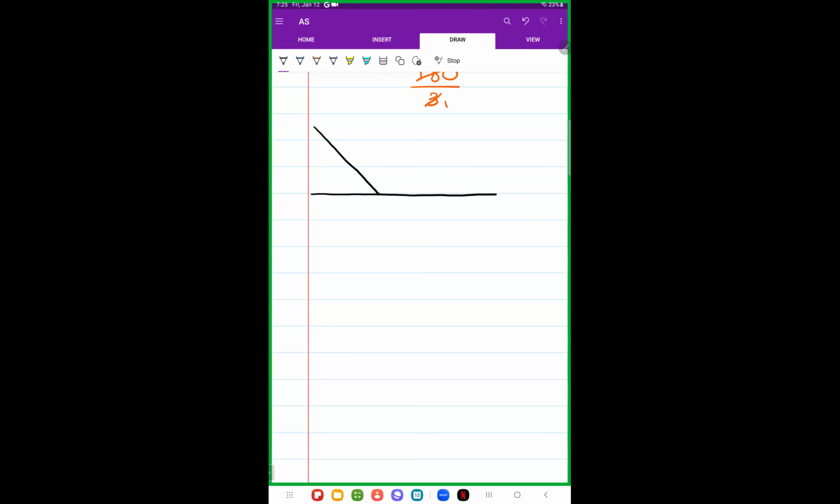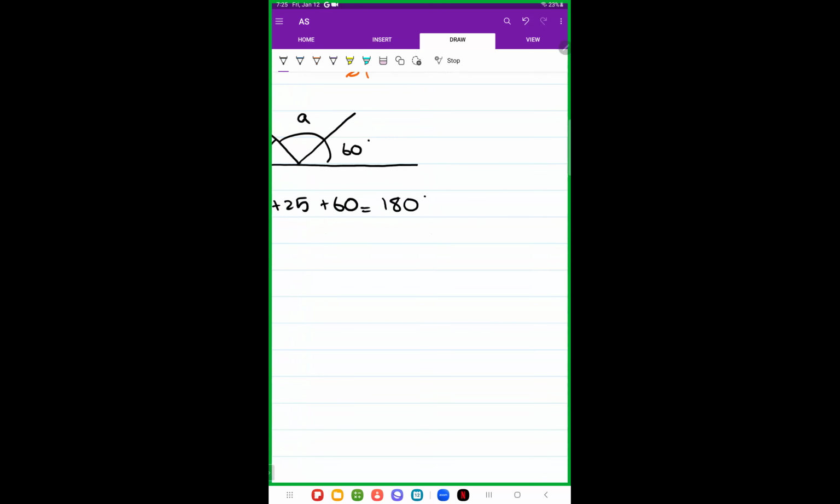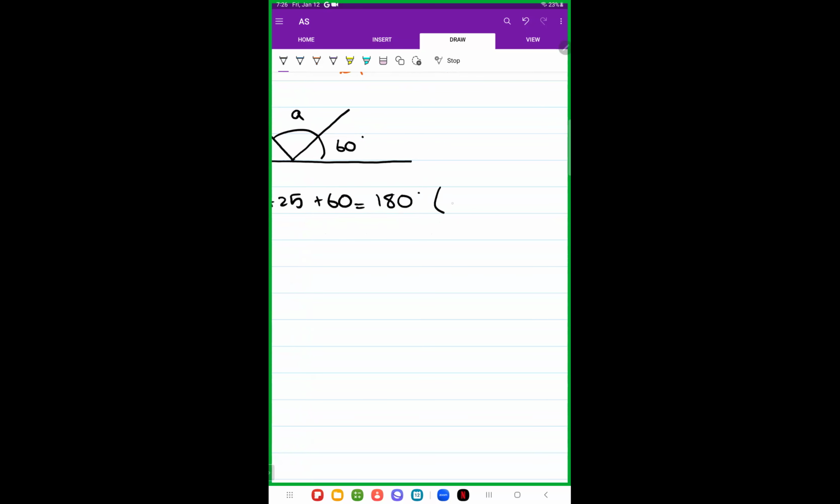For example, I have a question with 25 degrees here, A here, 60 degrees here. Step 1 would always be A plus 25 plus 60 should be equal to 180 degrees. Now you write down in brackets sum of angles on a straight line.